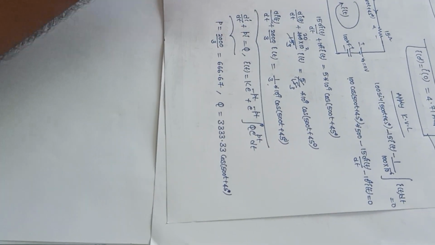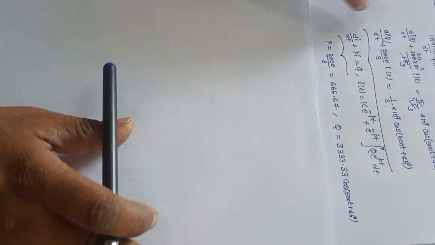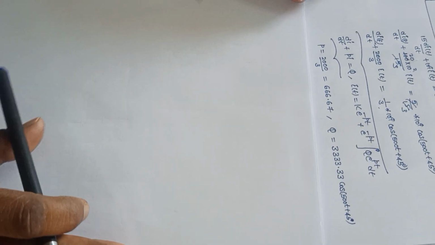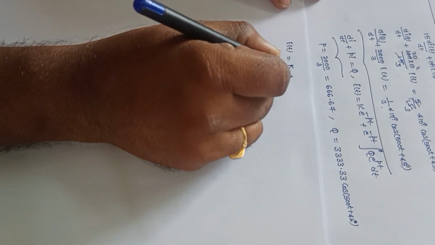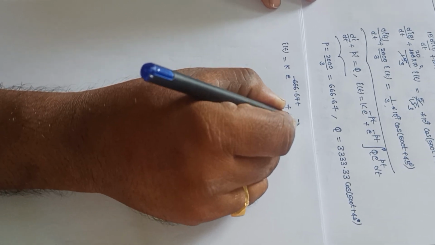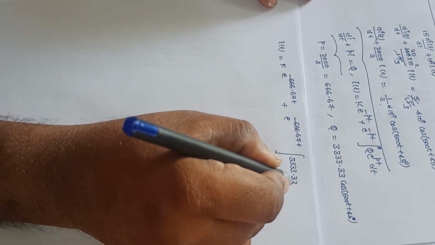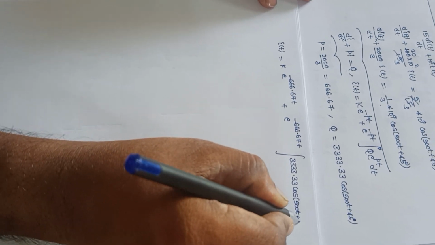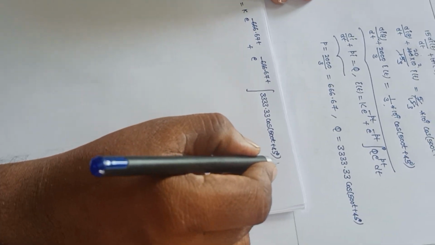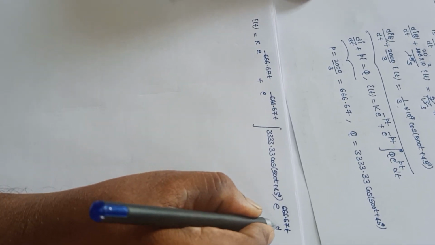If I substitute these values, I of t is equal to k into e power minus 666.67 t plus e power minus 666.67 t integral, q value is 3333.33 cos of 500t plus 45 degrees into e power 666.67 t dt.